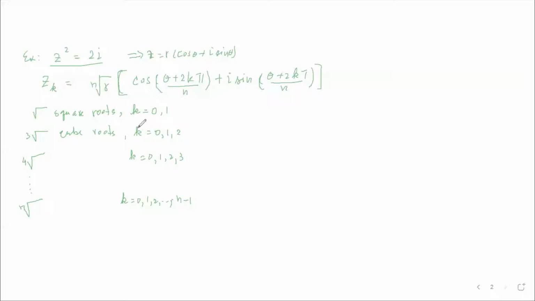Okay, now how to use this formula? When you use the formula, I think it may be easier than the previous one. Previously we used trigonometry, but now we use the formula, the shortcut.